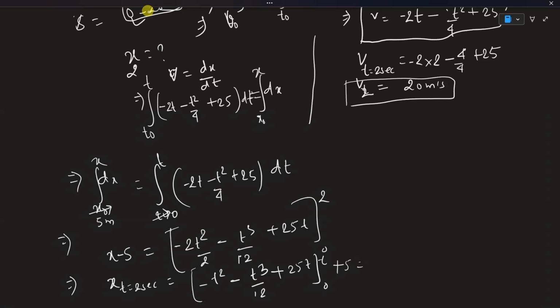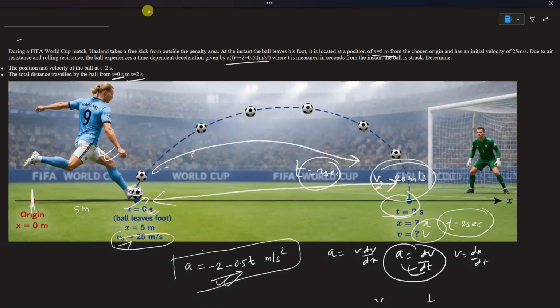Yes, so the position will come out to be 50.33 meters. So the position is 50.33 meter from the origin at the instant t equals 2 seconds, right?